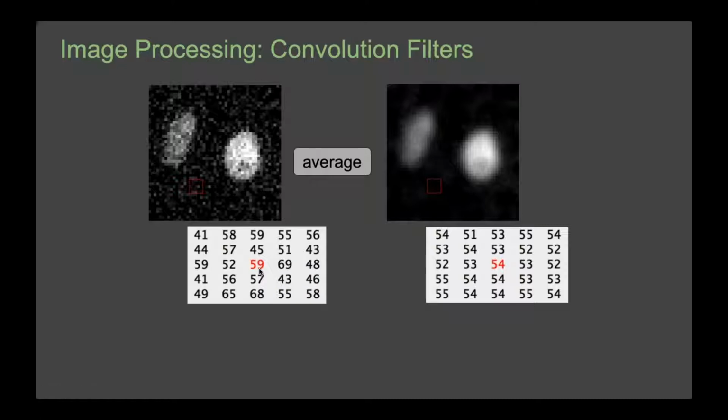Always when you do convolution filters, the recipe is actually rather straightforward. You take all these values, in this case 5 by 5, so 25, and compute some mathematical function of them, which then determines what filter that is, and you replace the pixel in the middle by this mathematical function.